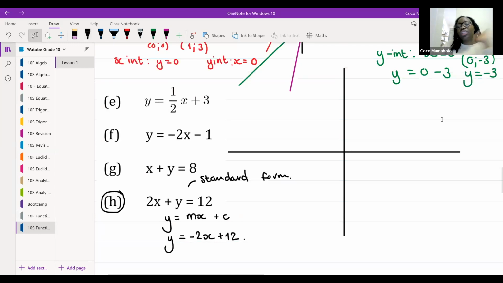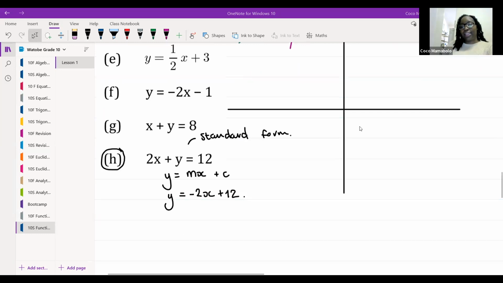Now, before we even continue, because the rest of it is quite easy, let's have a conversation about this. If I gave you a formula that said 12x plus 6y minus 24 is equal to 0.